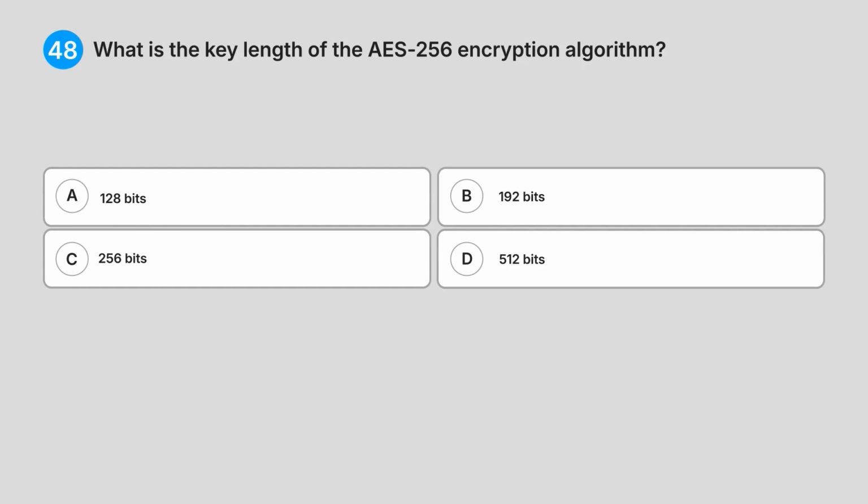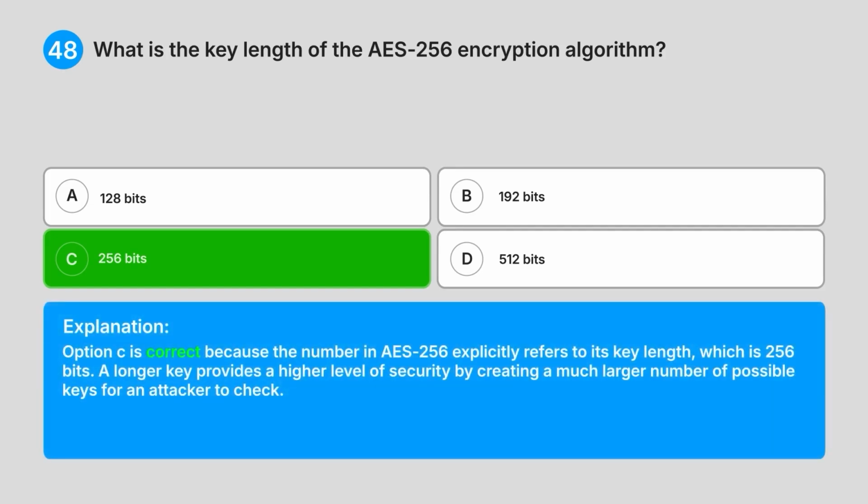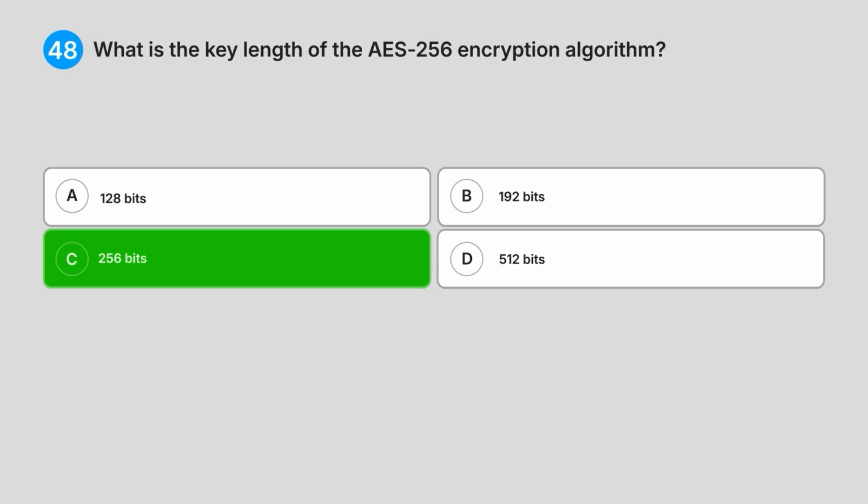Correct answer, C. 256 bits. Explanation. Option C is correct because the number in AES 256 explicitly refers to its key length, which is 256 bits. A longer key provides a higher level of security by creating a much larger number of possible keys for an attacker to check.